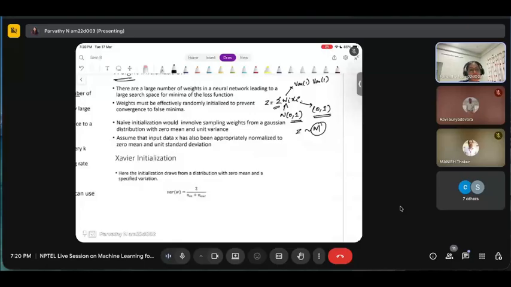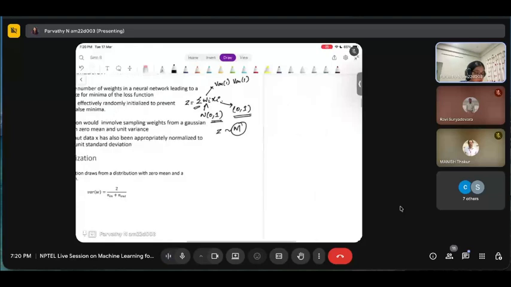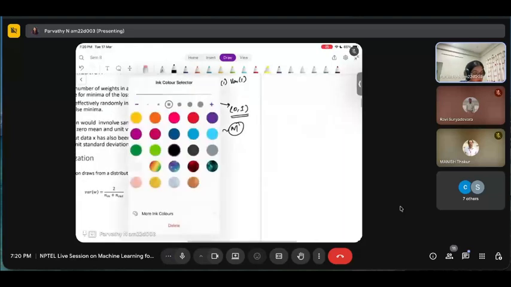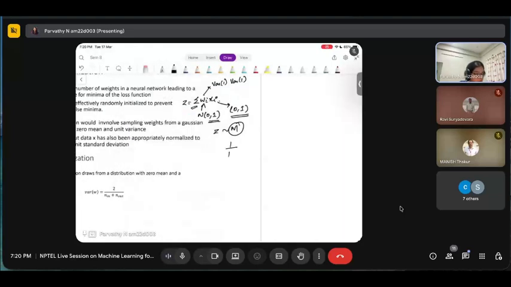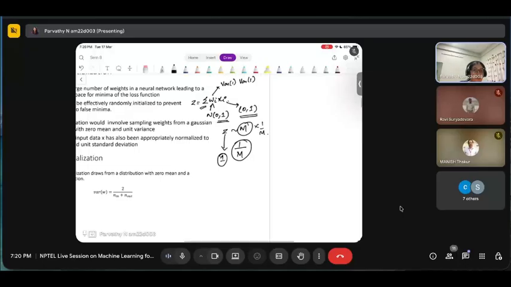As mentioned in the lecture video, one way to prevent this is to divide by the number of inputs m, so that you finally get the variance as 1. So m into 1 by m, you get a variance of 1.